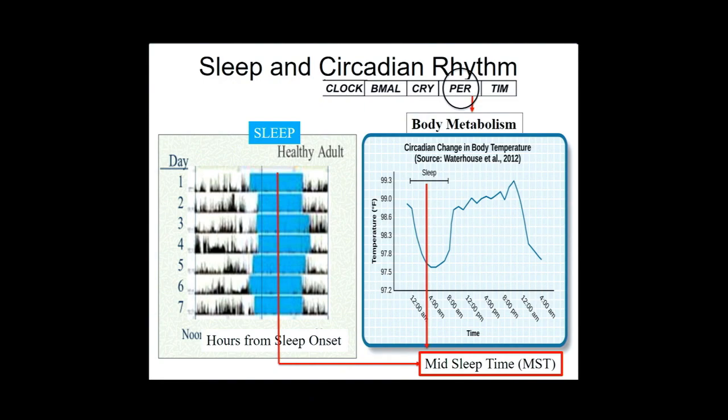Now, it maps onto your body metabolism, which is determined by your circadian rhythm, by your suprachiasmatic nucleus. It's determined by the genes and the light and the activity in this central pacemaker. And this central pacemaker, as you learn, has lots of genes involved, and one of them is the PER gene.